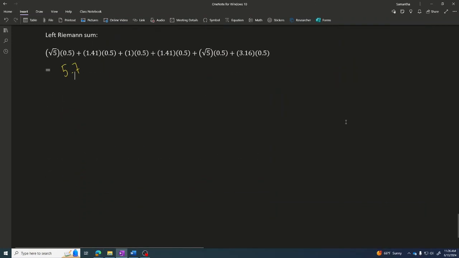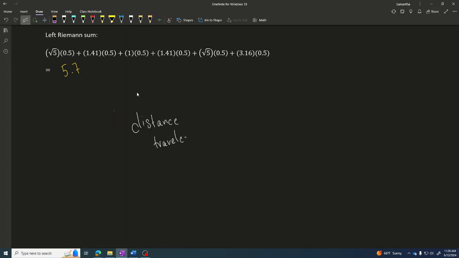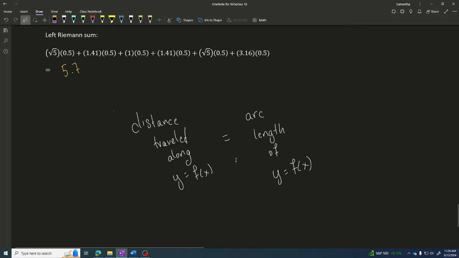Now, as a final heads up, I just want to draw your attention to the fact that the formula we just found for distance traveled in 2D is the same formula that you could use to calculate the length of the curve y equals f of x, what textbooks often call the arc length.